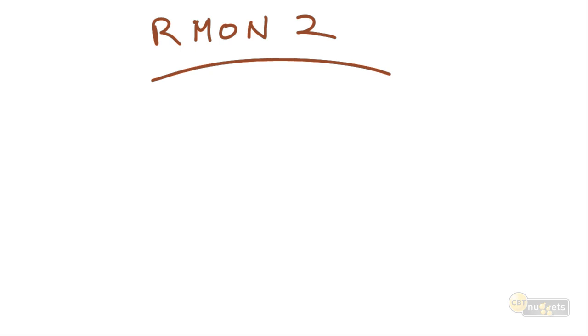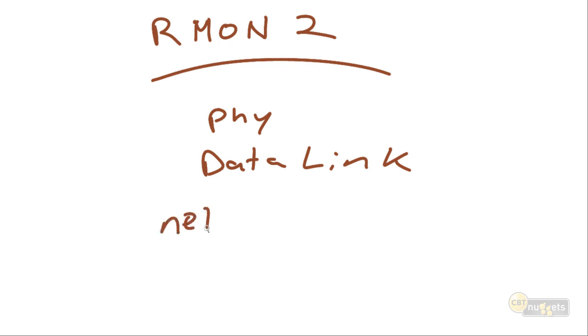Now, RMON 1 was great, but RMON 1 was really limited to the physical and the data link layers of the OSI model. So RMON 2 sought to go ahead and add groups that could give visibility higher up in the OSI model, right? So we had visibility into the network layer, into the transport layer, even visibility all the way up to the application layer.